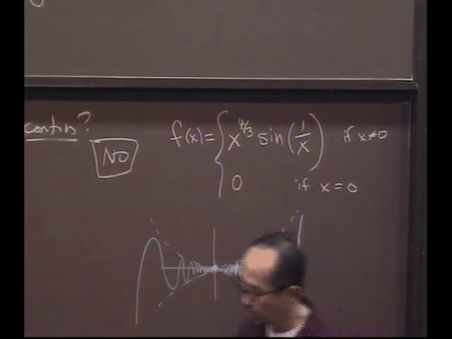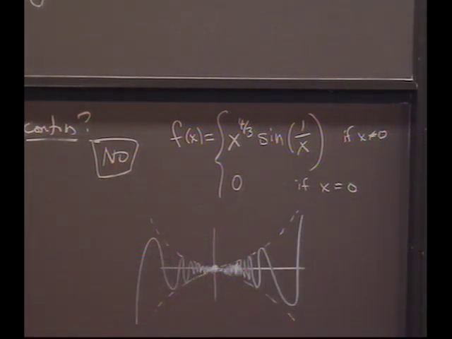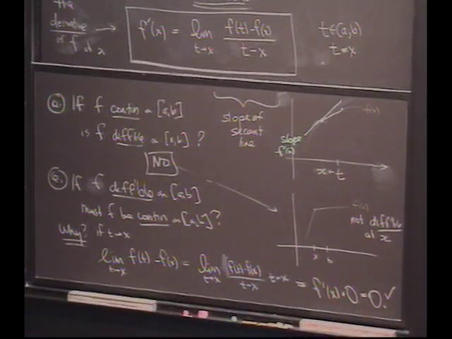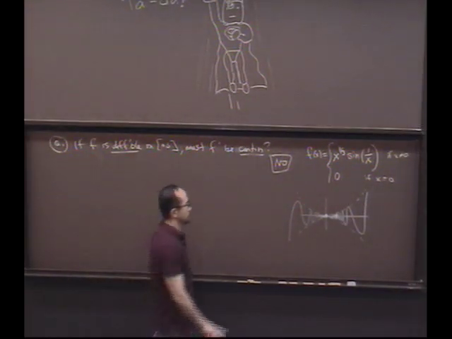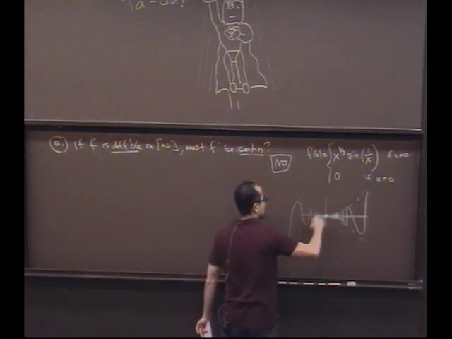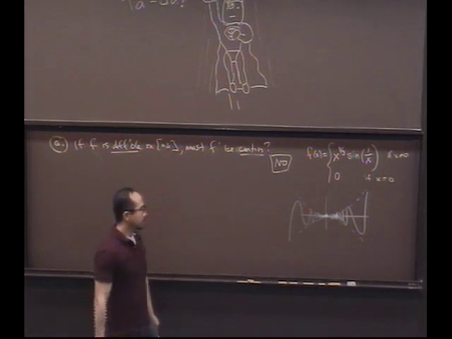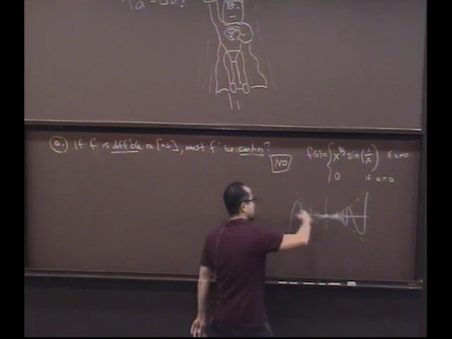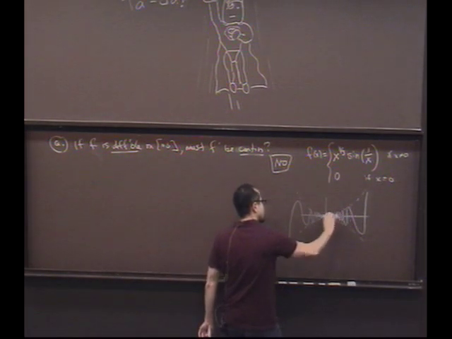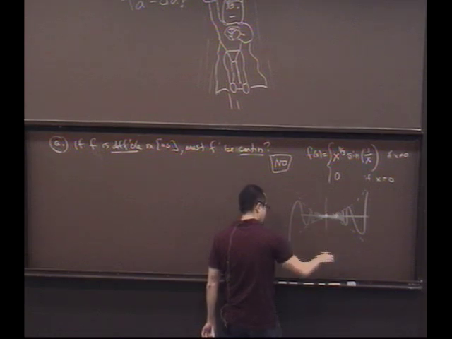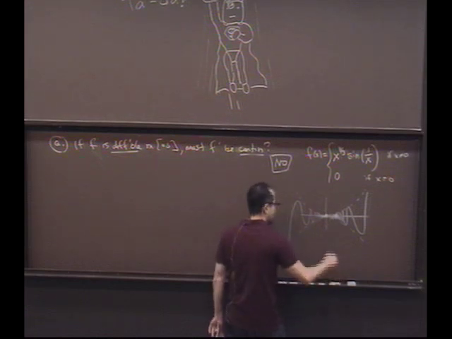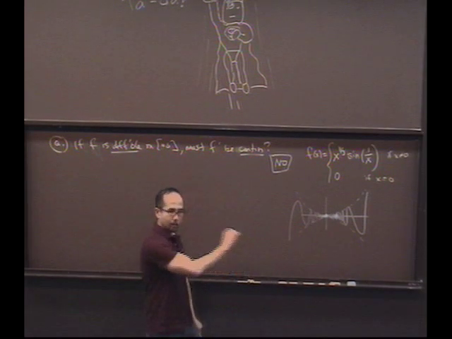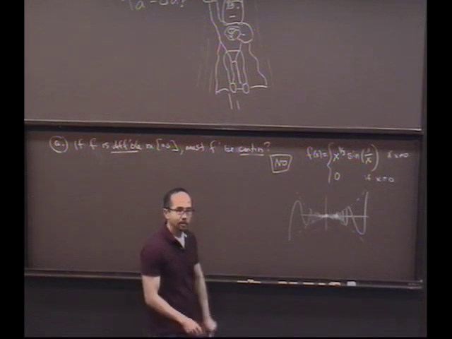So tell me why, if you start looking at secant lines with one end at 0 and the other end somewhere else, this thing actually is going to have a limiting slope, the secant line. Very good. Yeah. So this envelope function is going to squeeze the secant lines wherever you start putting them enough so that if you blow this picture up, it'll look more and more linear, like a line, as you blow that up. Yes.